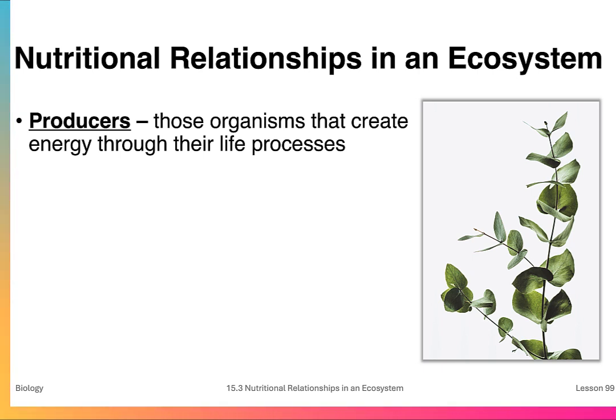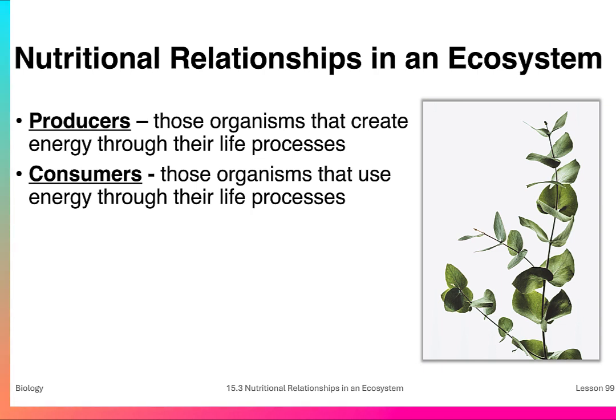In an ecosystem, there are those organisms which create energy in their life processes, and those are called producers. Essentially, those organisms are able to snatch the energy of the sun out of the environment and incorporate it into their being, such that when they're eaten by the consumer, these consumers can absorb that energy from the producers and use it for their own good.